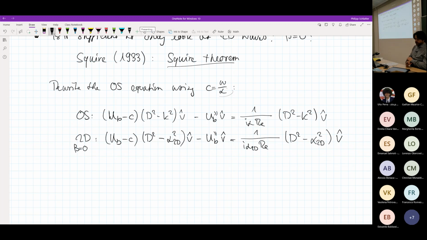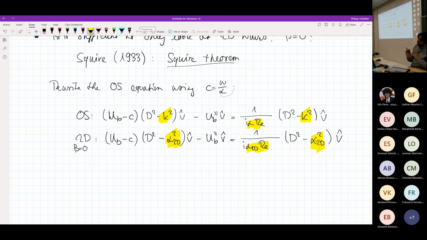Now, what you can realize is that the equations are very similar. It's only this term that changed, and kind of these two terms changed. So I went from alpha to alpha 2D.